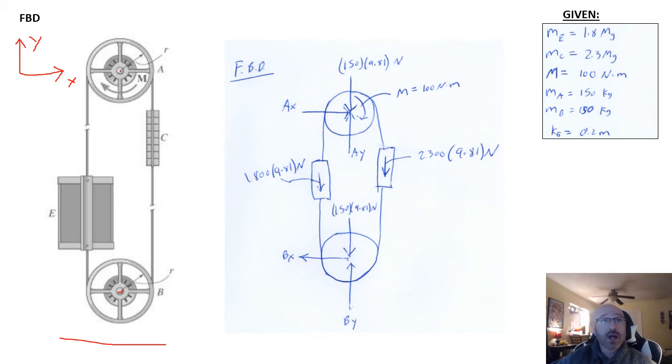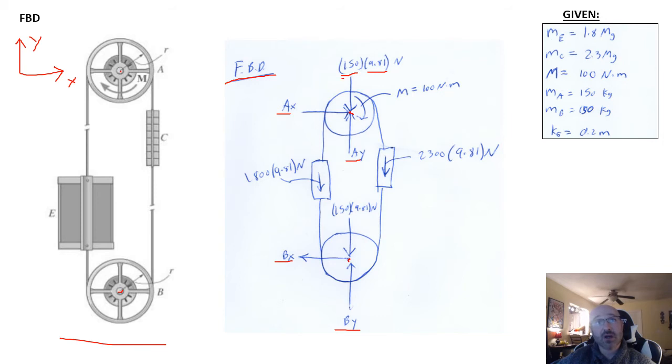So for the free body diagram, we reference back to that initial given diagram and say, okay, here's our A sub x and our A sub y, our reactionary point forces at point A at the pin, and here's our B sub x and our B sub y, our reactionary forces at our pin down here at B. We also know that we have a mass for A and a mass for B, so that we can have a weight force. Our weight force is going to be our mass in kilograms times our acceleration due to gravity.